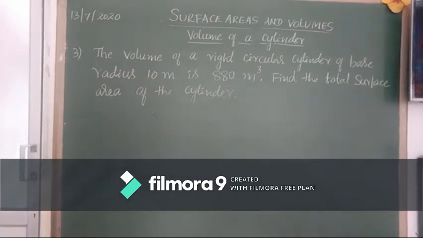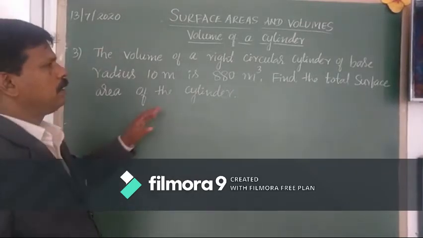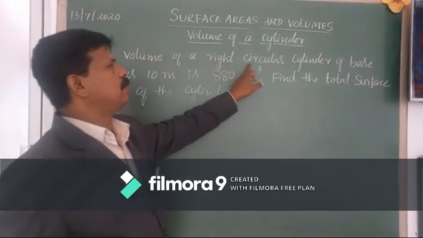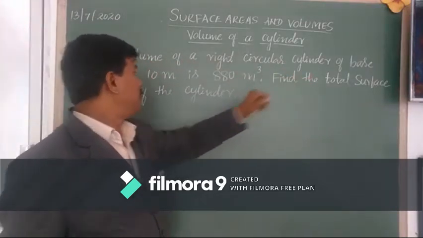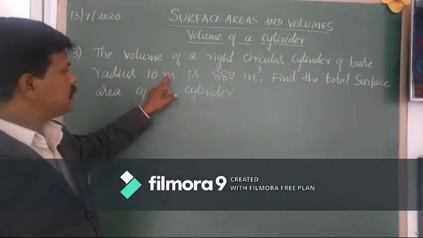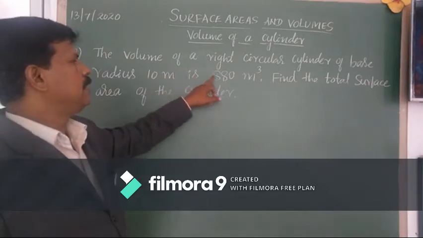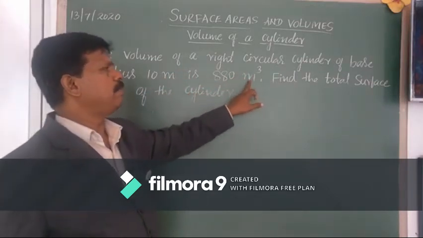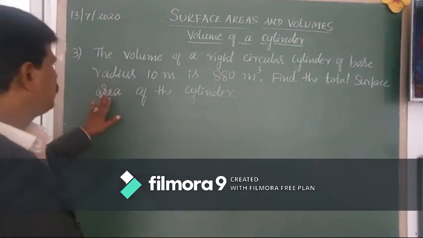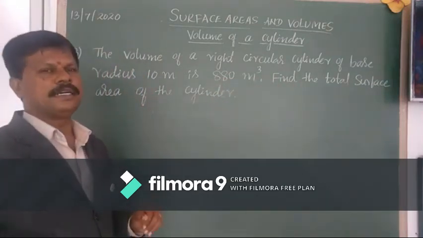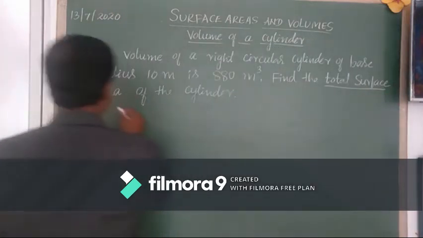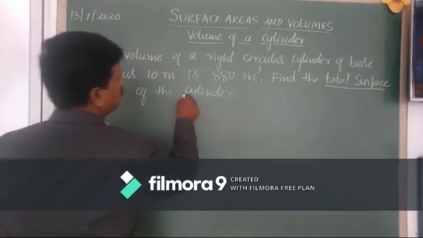Now the third question. The volume of a right circular cylinder of base radius 10 meter is 880 cubic meter. Find the total surface area of the cylinder. Here we want to find the total surface area of the cylinder.